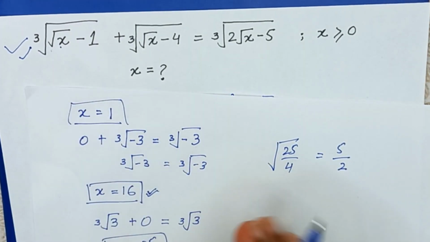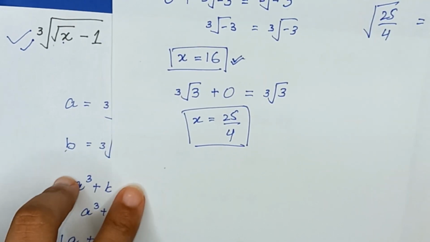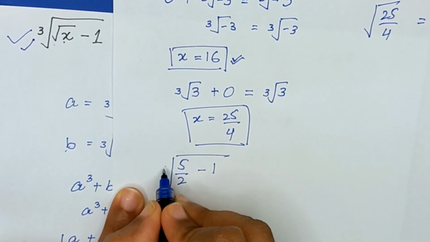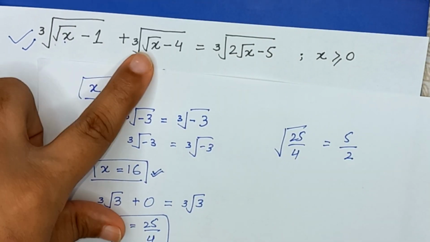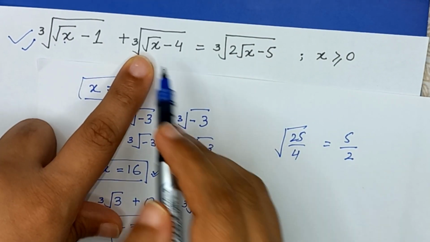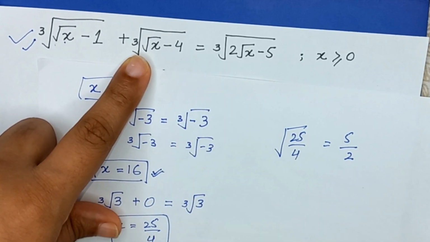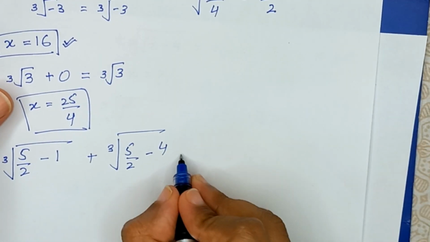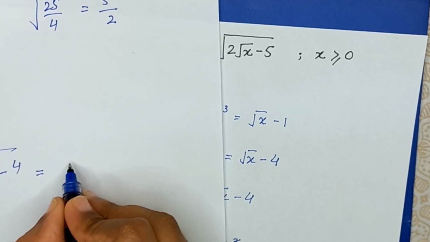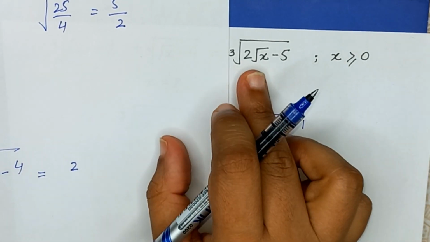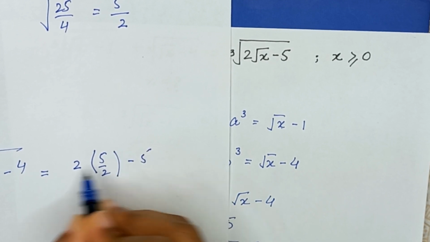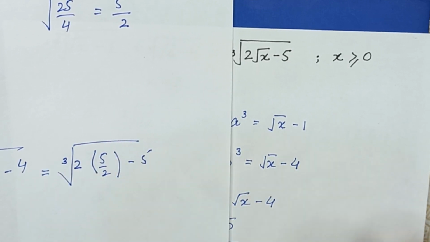So it will become 5 divided by 2 minus 1 and its cube root, and it will become again square root of 25 divided by 4 is 5 divided by 2 minus 4 and its whole cube root. And here it will become 2 times 5 divided by 2 minus 5 and its cube root.